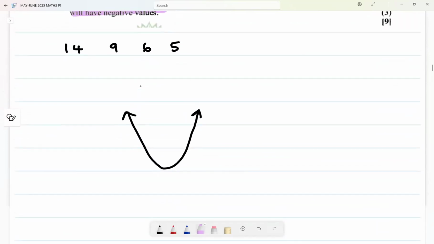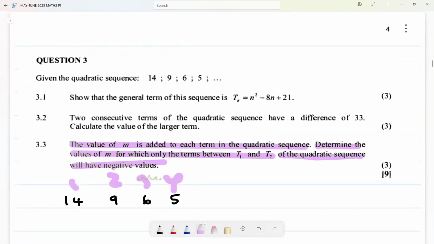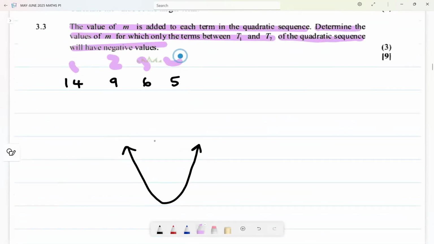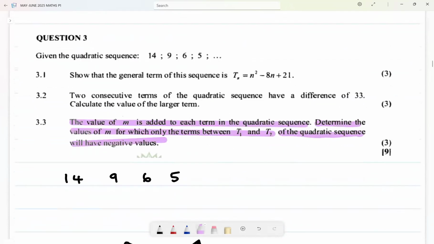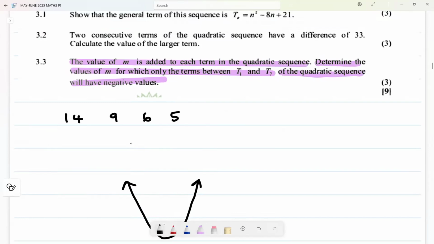So it decreases. Let's look at the next term. I can go to my quadratic equation and find term number 5. It's going to be 5 squared minus 40 plus 21. This is 6. So it goes back to 6.